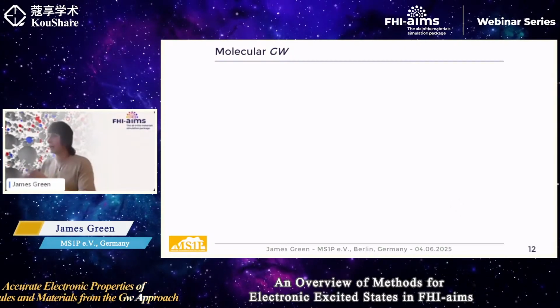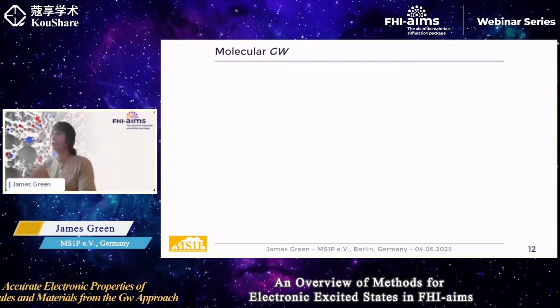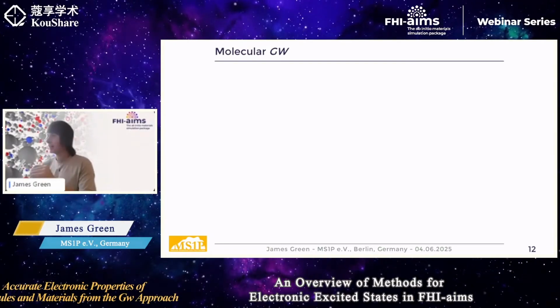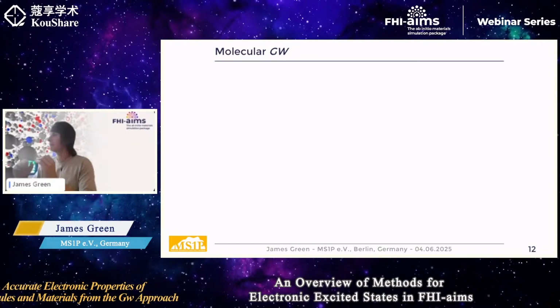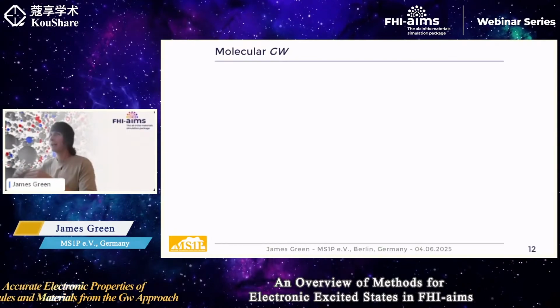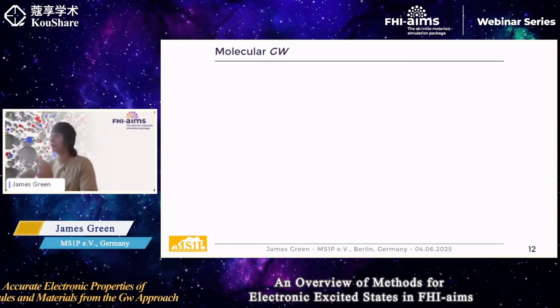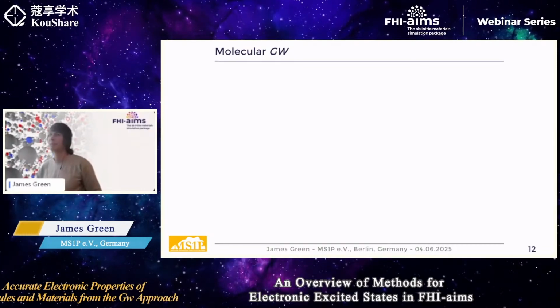So first, molecular or non-periodic GW. I won't go into very much detail at all about this, since it's going to be covered in much greater detail by Dorothea, as her group is one of the main developers of the GW method in FHI-aims.